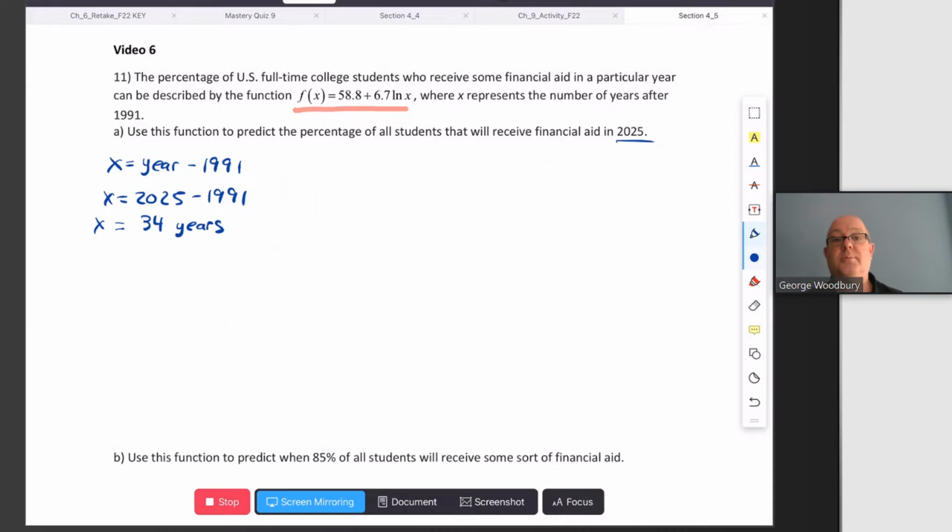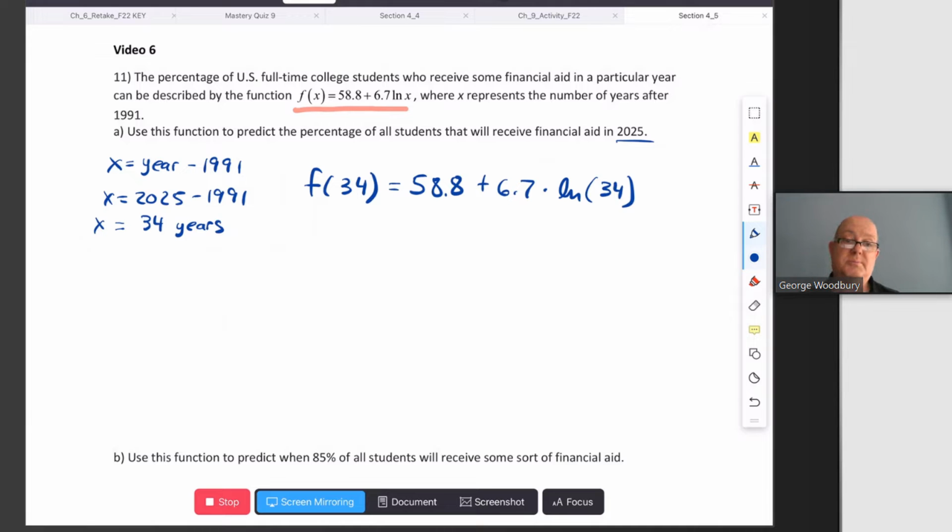So I'm trying to predict the percentage. That means I'm looking for the function value. I need to find f of 34. And the function's formula at the top is 58.8 plus 6.7 times the natural log of x, which here is 34.